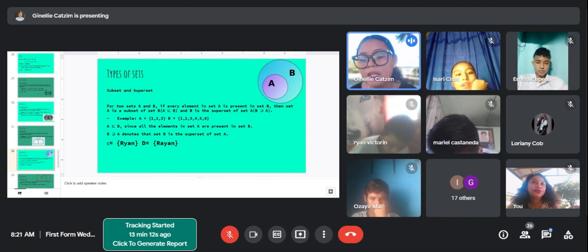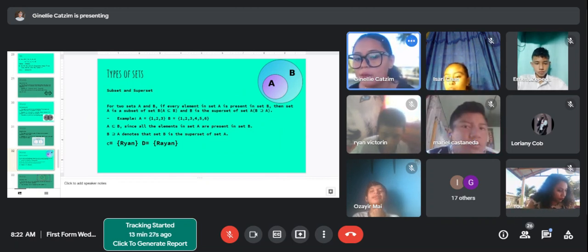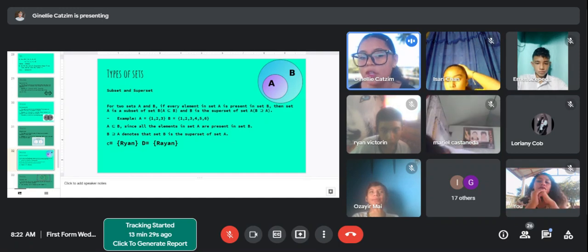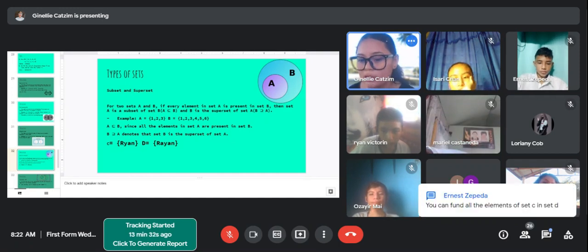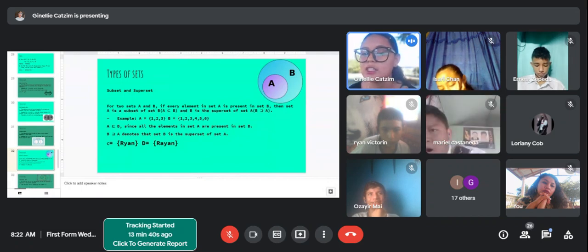Because set C is a small portion of set D, we can say that it is a subset, because we can find all the elements of set C in set D. That is a subset.